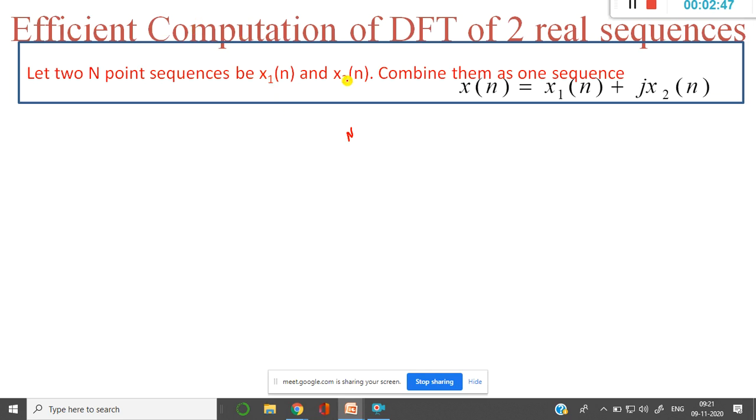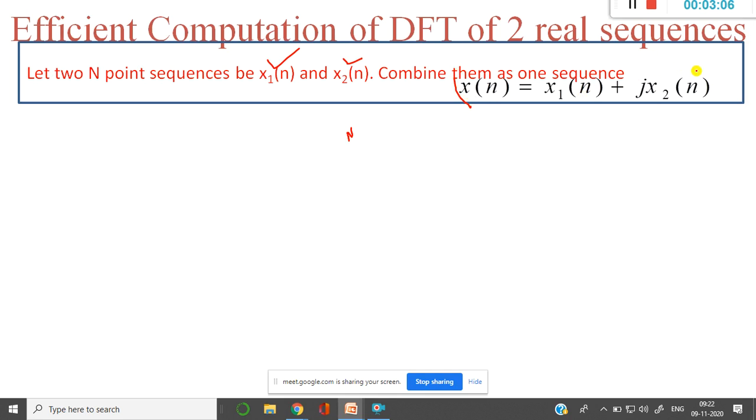So what we do is we try to combine x1 and x2 in such a way that I can write them in the form of x1 of n plus j times x2 of n.